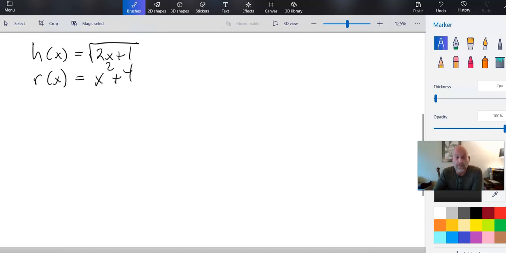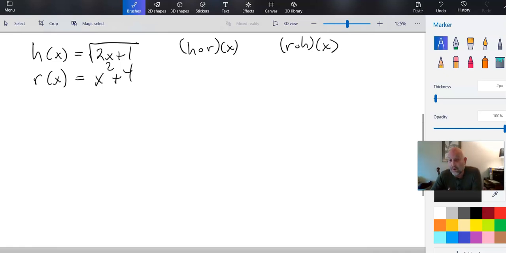Okay, so these are two new ones, right? We've seen squares before, but we haven't seen square roots. So let's check this out. Let's see what happens when we look at h composed with r of x and r composed with h of x.